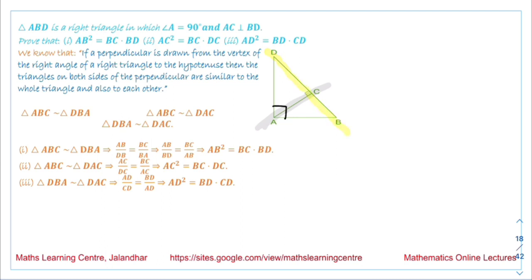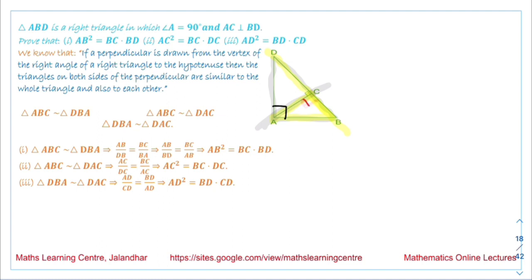We have to prove that AB square equals BC into BD. So we know that this triangle ABC is similar to the triangle DBA.